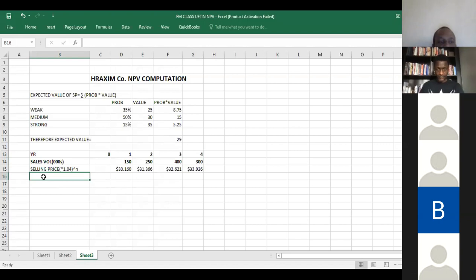P4, old people's home. So we have our revenue now. Our revenue is selling price multiplied by sales volume.